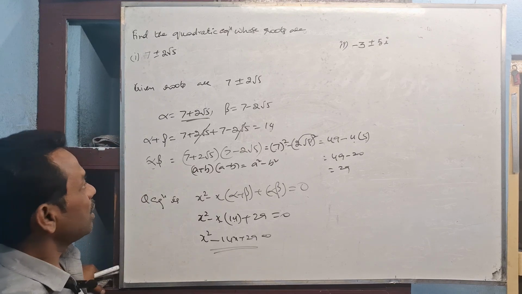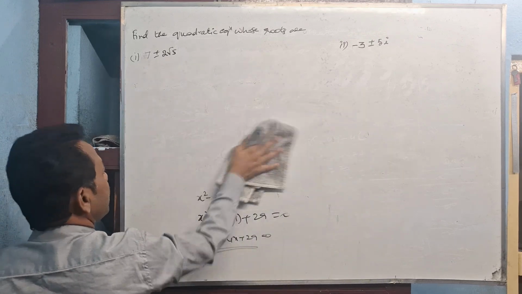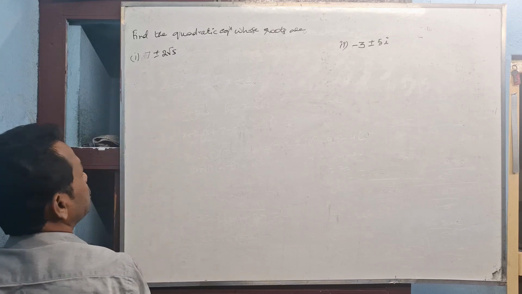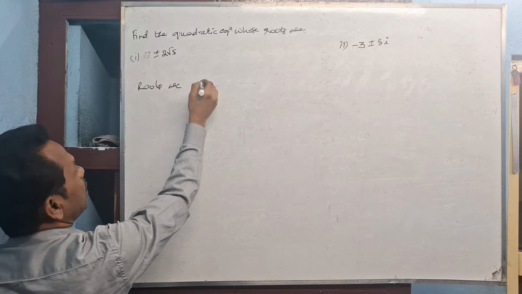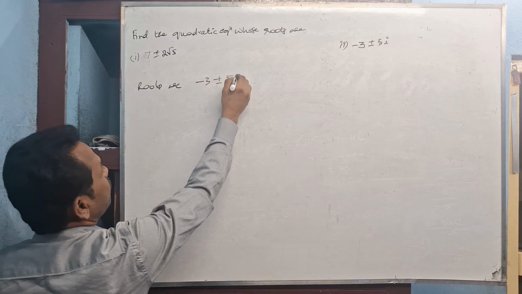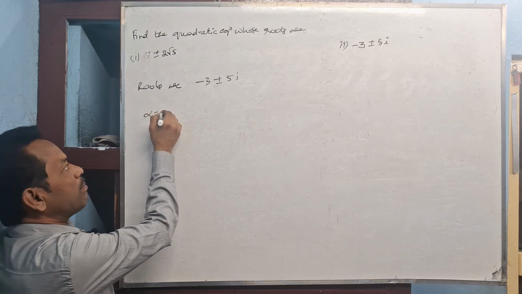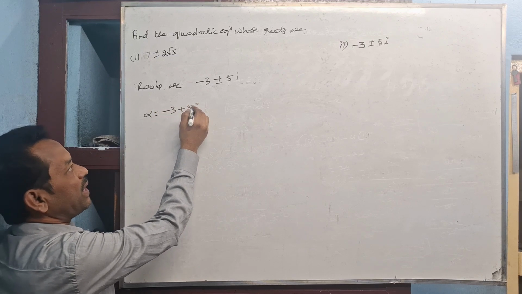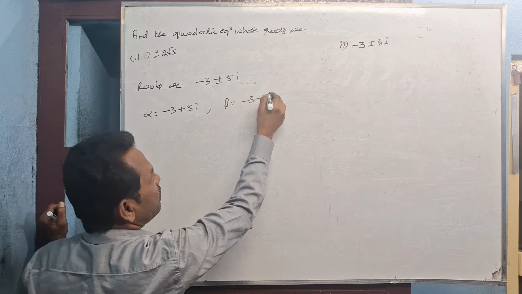Okay, now let us go for the second question. In the second question, given that the roots are minus 3 plus or minus 5i. So let me take alpha as minus 3 plus 5i and beta as minus 3 minus 5i.